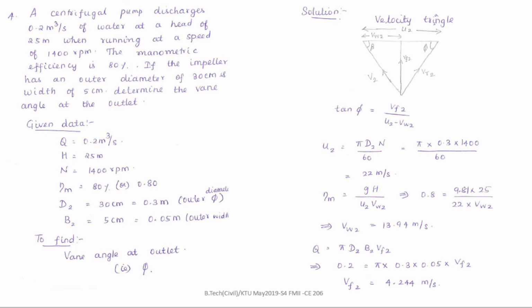Okay, the next problem: a centrifugal pump discharges 0.2 meter cube per second of water at a head of 25 meter. When running at a speed of 1400 rpm, the manometric efficiency is 80%. If the impeller has an outer diameter of 30 cm and width of 5 cm, determine the vane angle at the outlet.